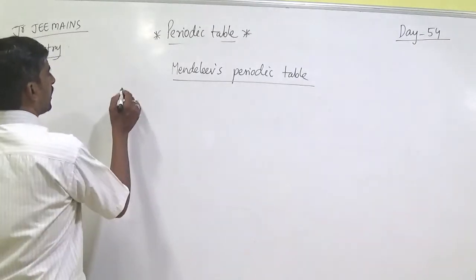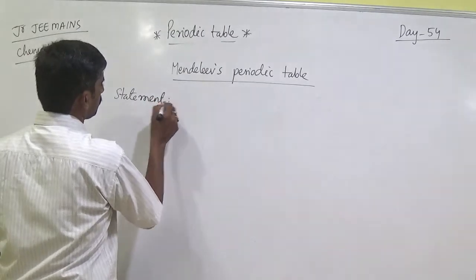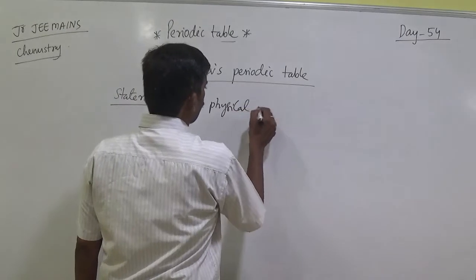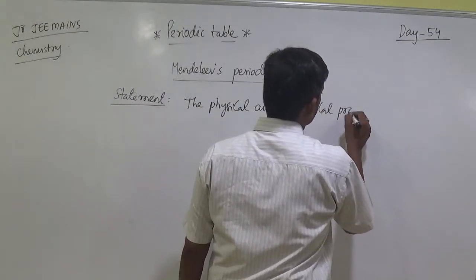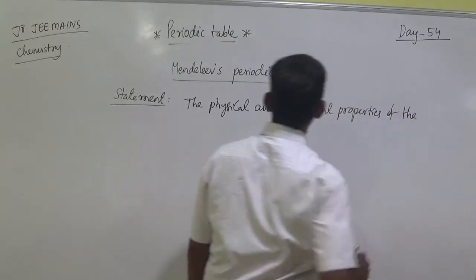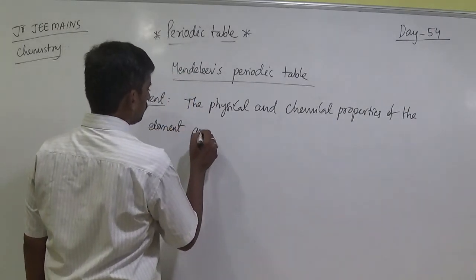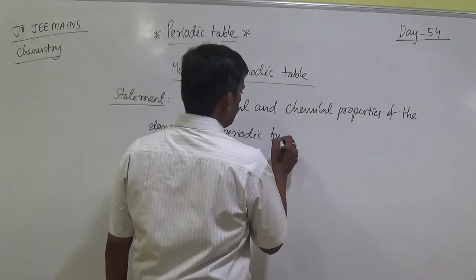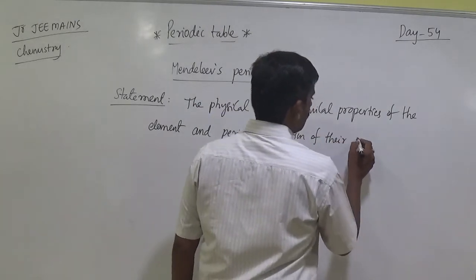Mendeleev periodic law statement: the physical and chemical properties of the elements are a periodic function of their atomic weight.